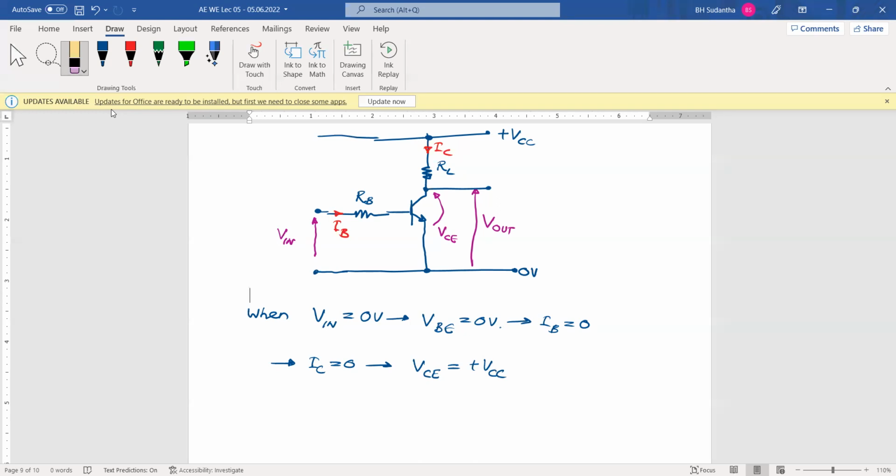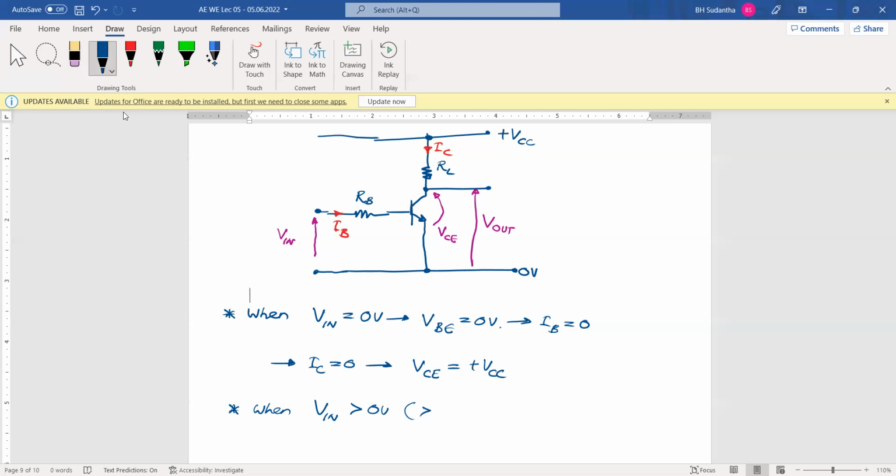Okay. Then the other point, when Vin is larger than 0 volts, for example, maybe 1 volt is also enough.